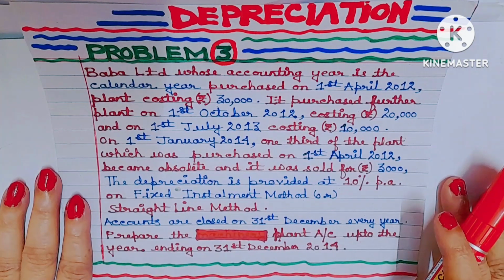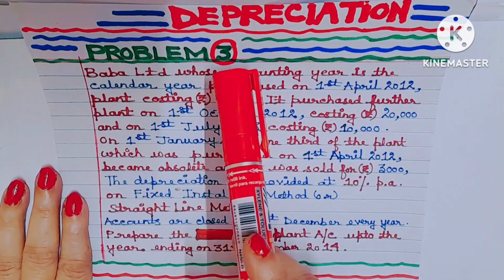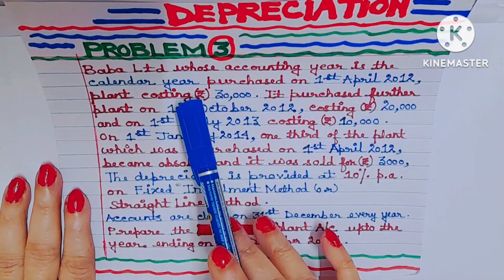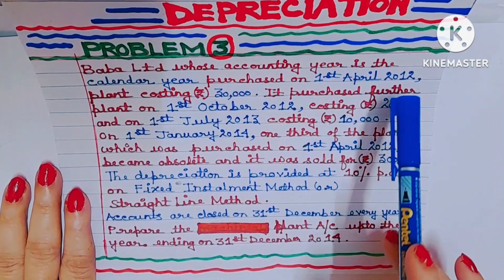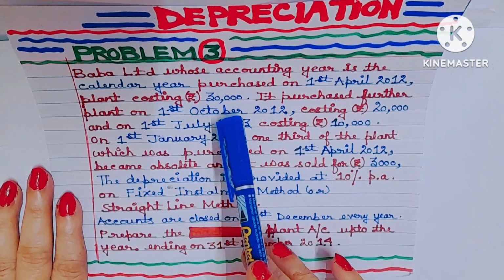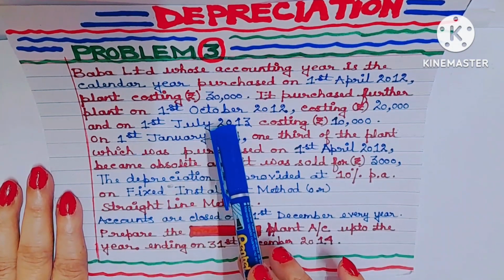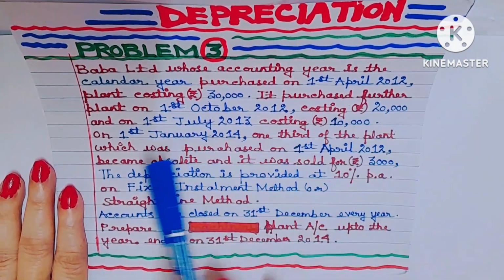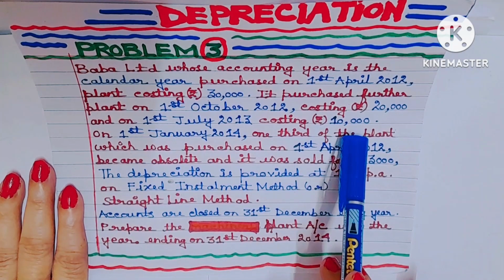Now let's go through the problem. Depreciation, problem number 3. Baba Limited, whose accounting year is the calendar year, purchased on 1st April 2012 a plant costing rupees 30,000. It purchased a further plant on 1st October 2012 costing rupees 20,000, and on 1st July 2013 costing rupees 10,000.